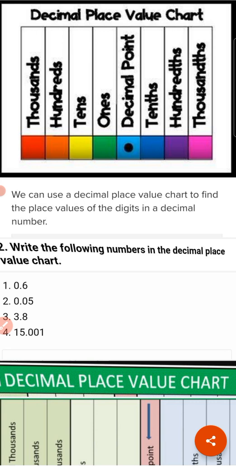The decimal point separates the whole number part and the decimal part, isn't it? Okay, this you already know. Now we are going to learn how to place a number in the place value chart. Okay, let me explain this, children.